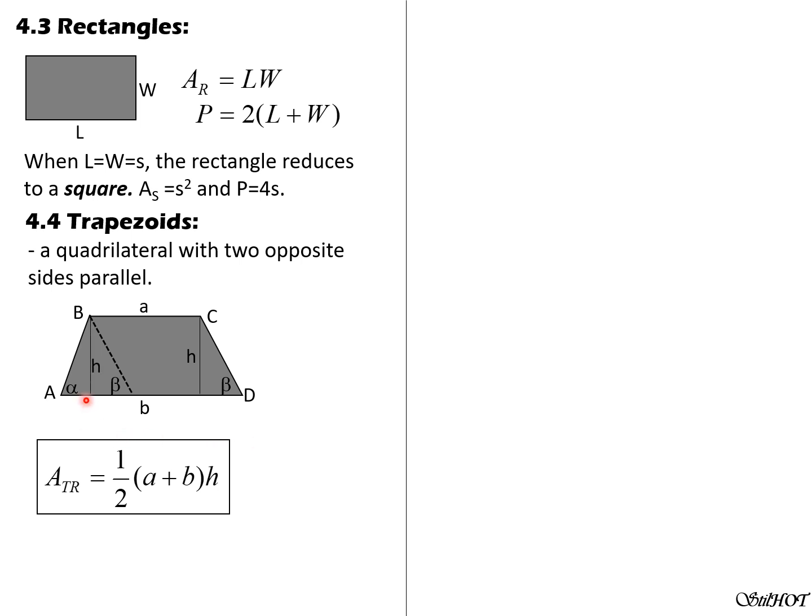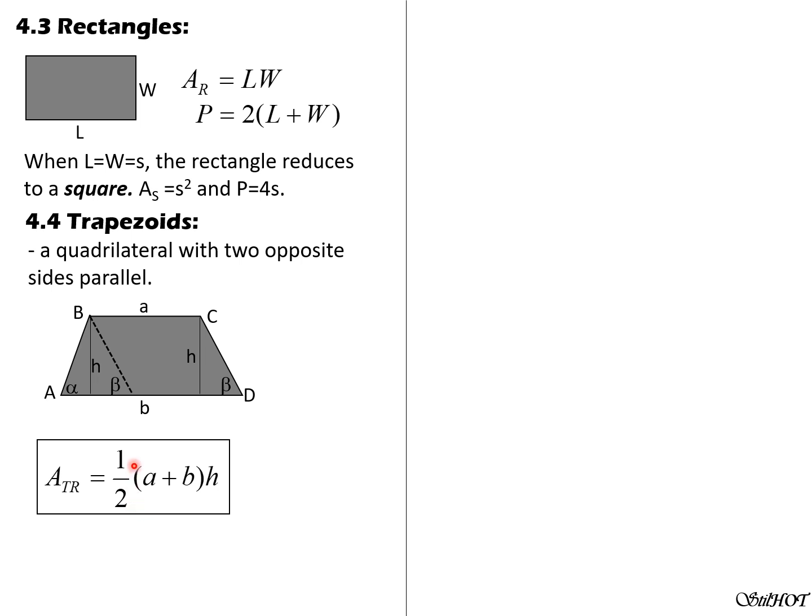And since this length is equal to that length, that's the height. So the area of the trapezoid is like, if we divide the trapezoid into two parts by that diagonal, the area of the upper triangle would be 1/2 AH, while the area of the lower triangle ACD would be 1/2 BH.